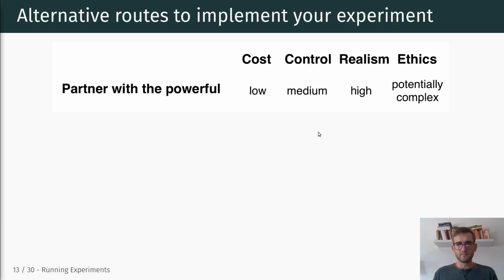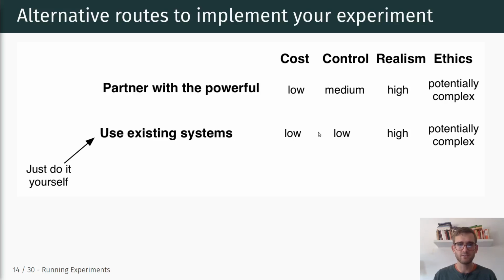So of course, it's not possible for everyone to partner with industry or with larger organizations. And so in many cases, you just have to implement your experiment yourself, right? One possible strategy if you want to implement your own experiment is to use existing systems, right?